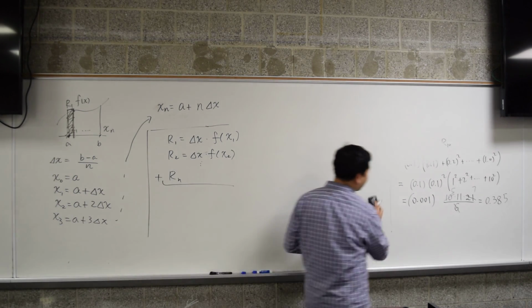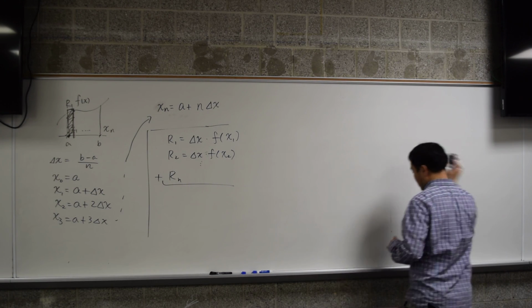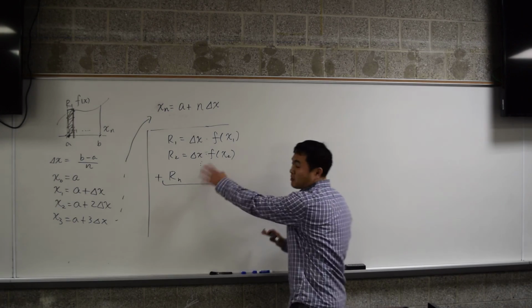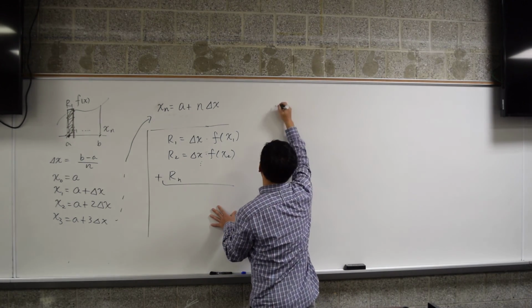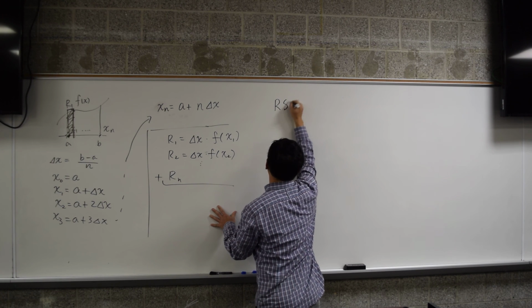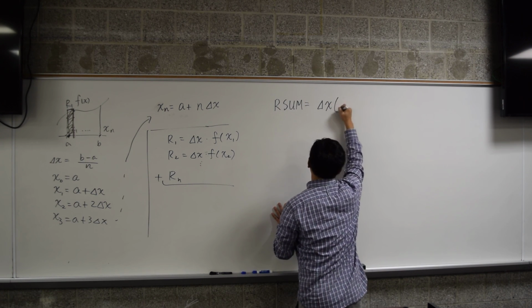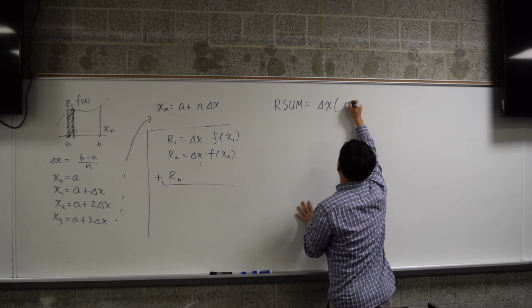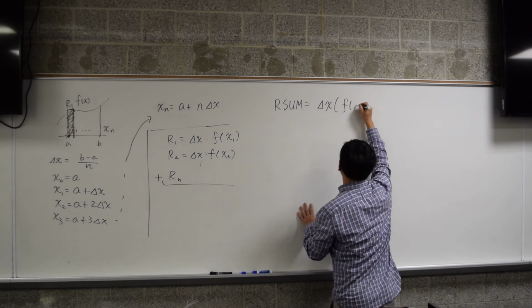So if I write that down, here's the formula for the right sum. And if you found this part boring, I'm sorry. It's just this thing that you really have to know. So here's the formula: R sum equals delta x times f of x1, but x1 is a, right?